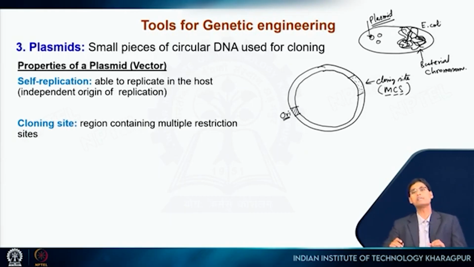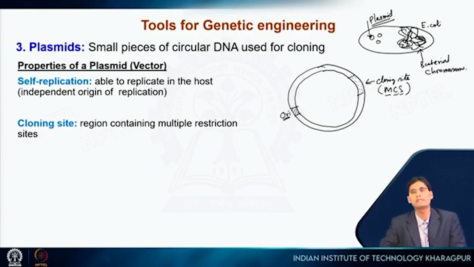That means here you have some sequences which can be recognized by different types of restriction enzymes. And what is the purpose? We will use a specific restriction endonuclease and cut this plasmid, and then we will put our gene of interest inside this plasmid. So that is our goal. I will explain in more detail soon.